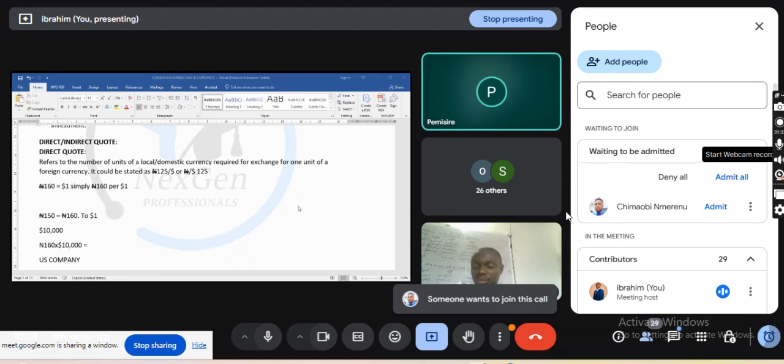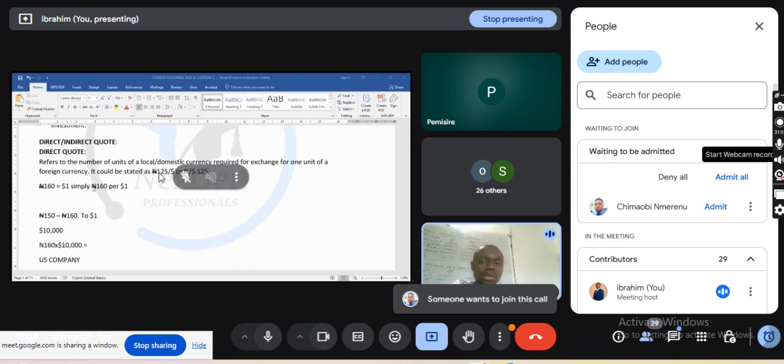I wrote 125 naira is equal to $1, then the other one is 160 naira is equal to $1. In every question you'll be given a spot rate. That spot rate could be 125 slash dollar, so you should know that it is 125 naira is equal to $1.